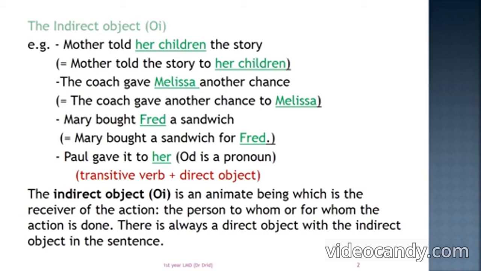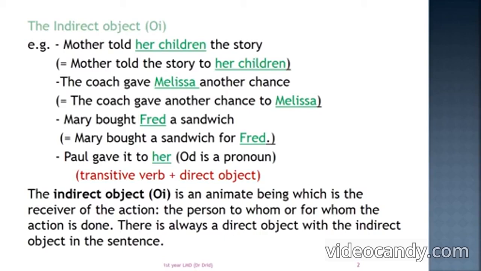And the indirect object is the receiver of the action. Let's try to apply this on the example. The coach gave what? The coach gave another chance. Another chance is the direct object. To whom? To Melissa. So Melissa is the indirect object.